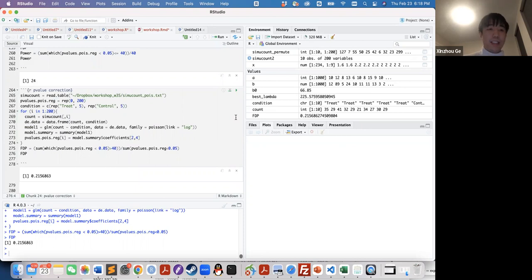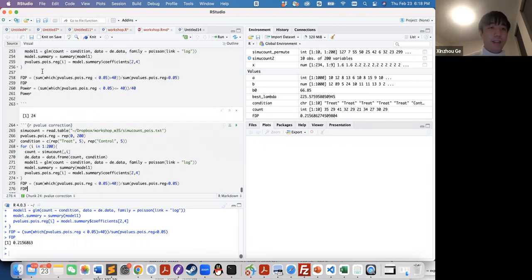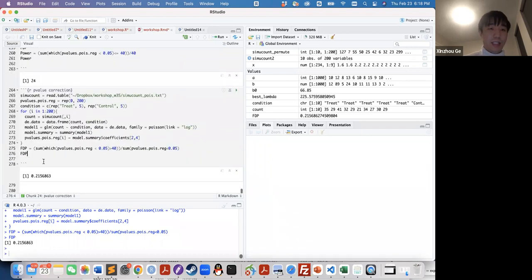So we can see that if we just use this procedure but change the dataset from simul count 2, the second simulated dataset, to the first simulated dataset, then we will have a much smaller false discovery proportion. And let's try our idea of using p-value adjustment.